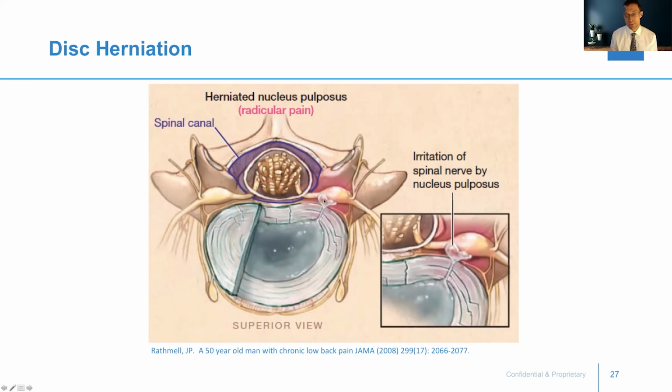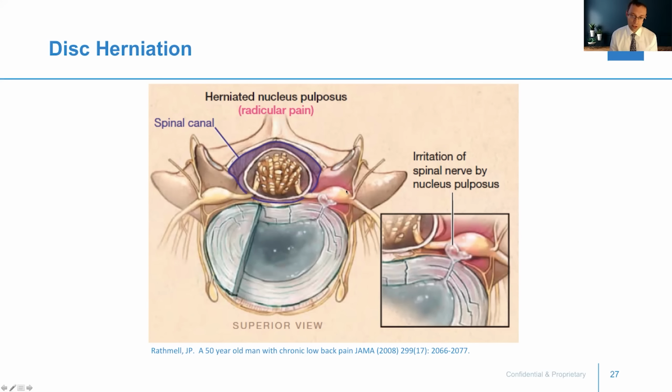Even a small amount of herniated disc material can provoke an intense inflammatory reaction by the body, which results in the release of inflammatory chemicals which sensitize the nerve to pain. Even without severe nerve compression, disc material can be quite irritating to nerve roots.